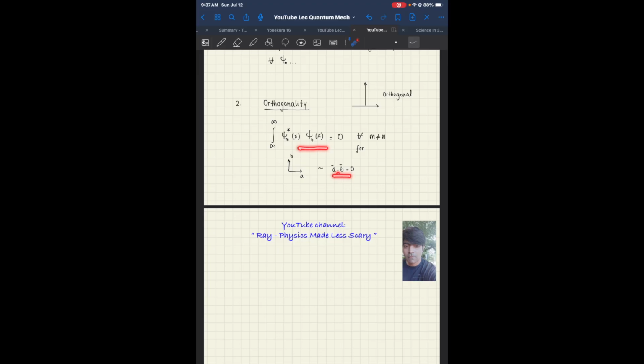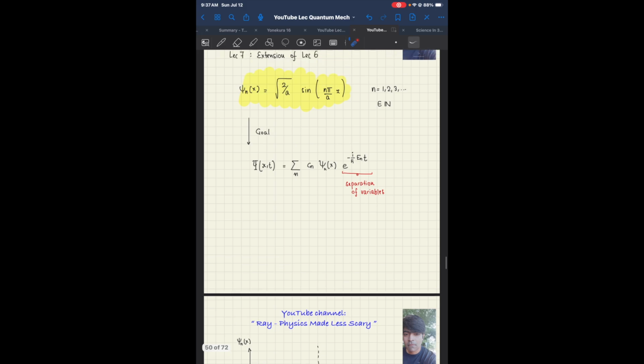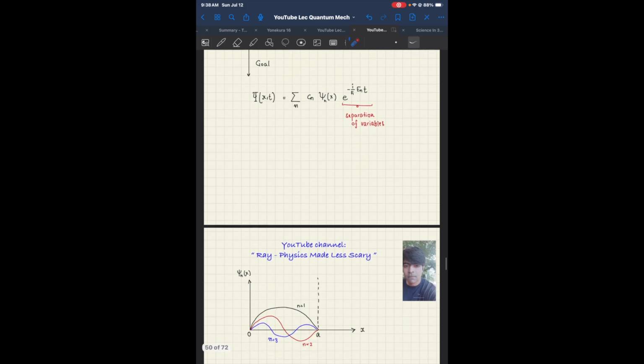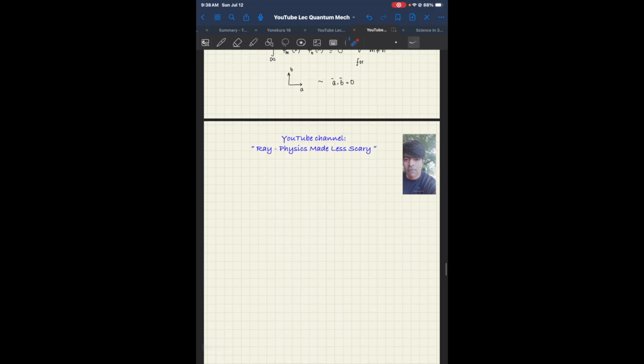So this dot product gets replaced by this integration because this is a function. You have an extra complex conjugation because sometimes these can be complex. It's not necessary that they are real, but in this particular case, of course, we have them real. So in this case the star doesn't make too much sense.